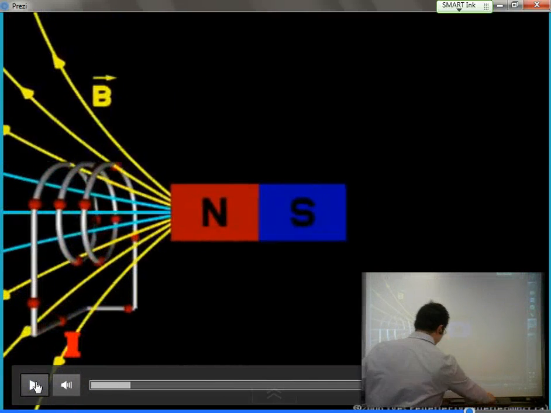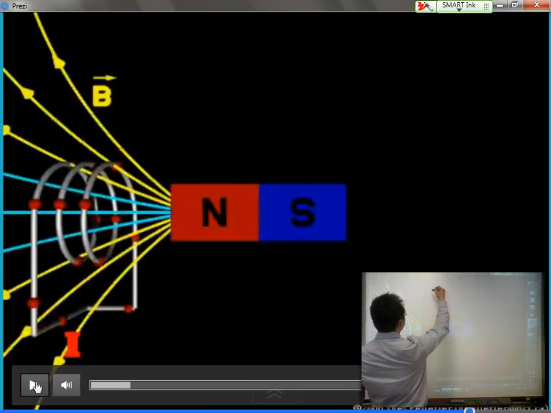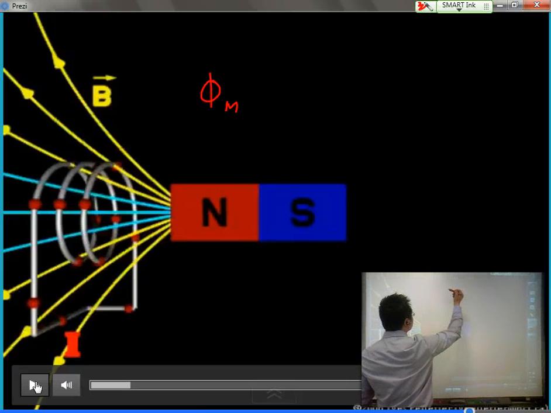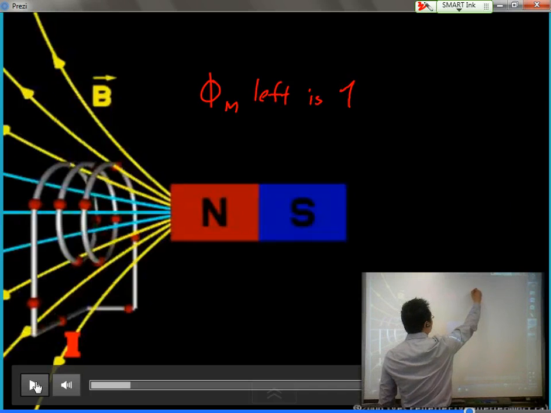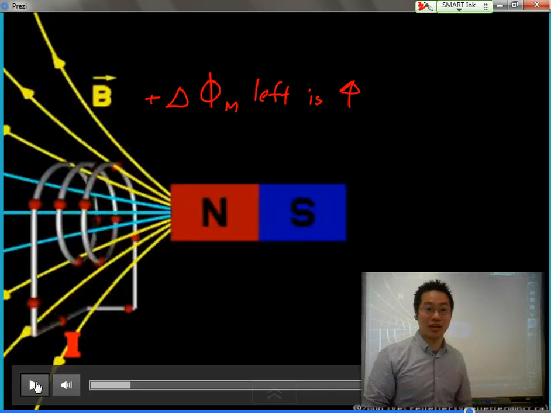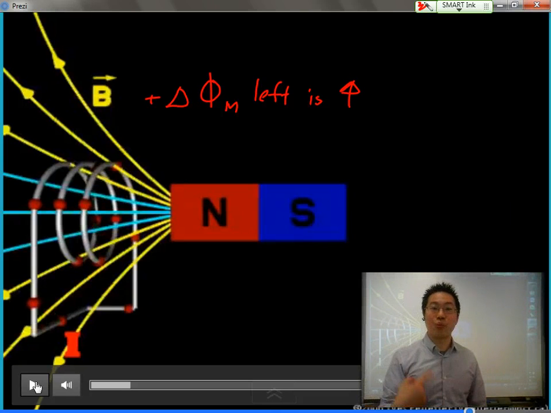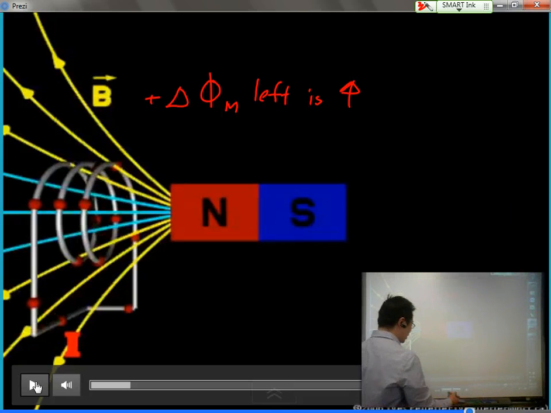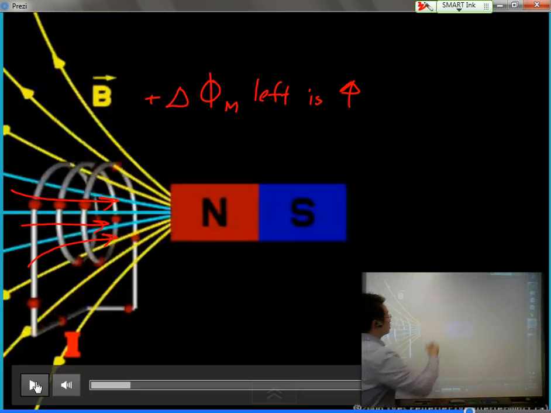Now in this case, the flux is increasing again, but the magnetic flux that's going left is increasing. So we have a positive change in flux going left. Therefore, the loop is going to try to weaken that flux. It'll create its own flux in the opposite direction to cancel it out.